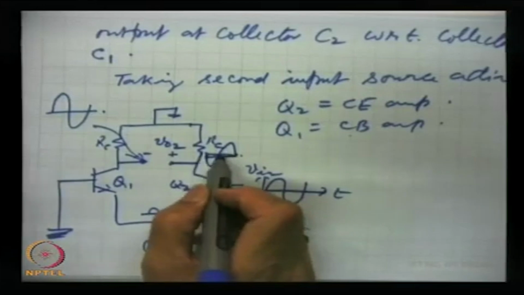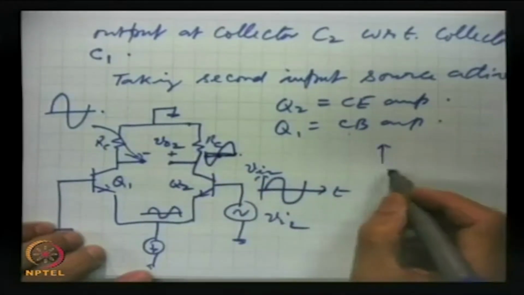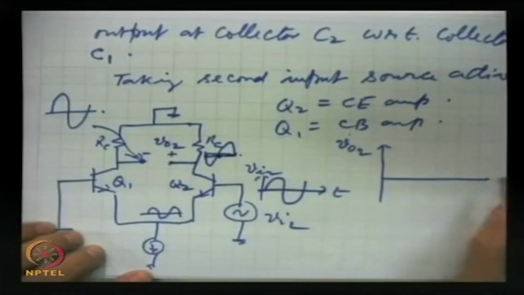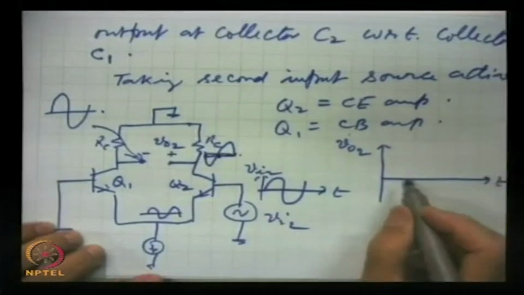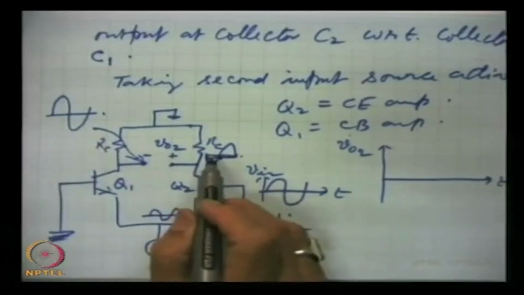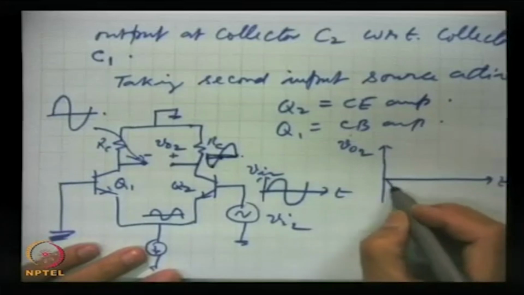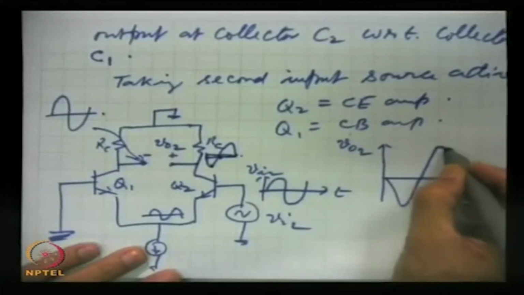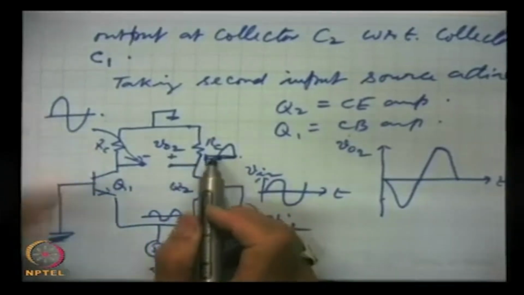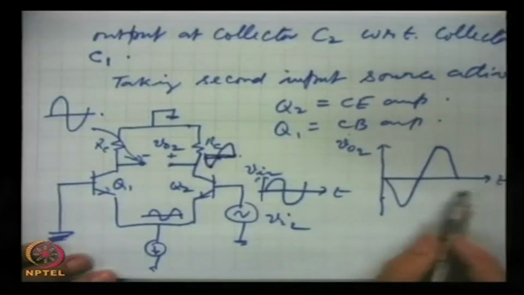So, this with respect to this, therefore, the output VO2 as a function of time, as I have told earlier in the first case, will be like that. When the two are measured with respect to this, it is like that.